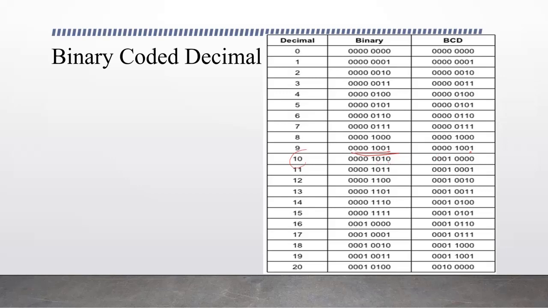Whereas the BCD equivalent of 10 is, we take the binary equivalent of 1 first, which is 0001, and for 0 it is 0000. So that is the BCD equivalent of 10, 0001 and 0000, whereas the binary equivalent is different.